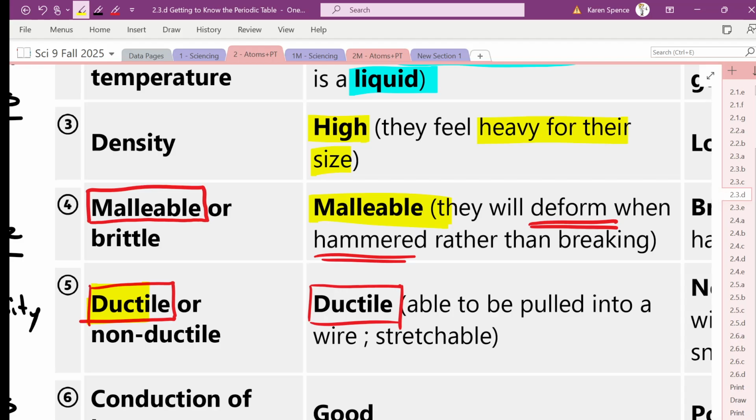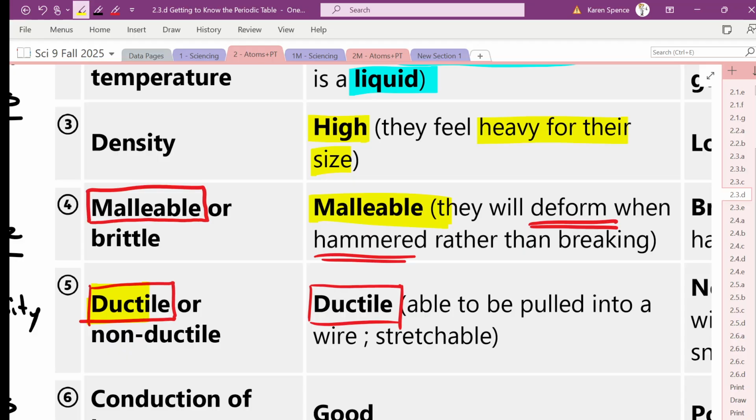So if you have trouble remembering what ductile means, it might help you to think, what's in my walls? Wires and ducts. If that does not help, I had a student one year in Chemistry 11 who was asked to define ductile, and he said, it will stretch into wires like a duck.